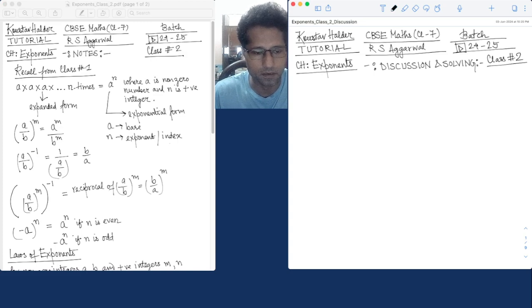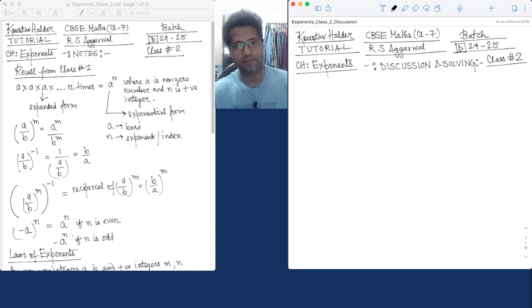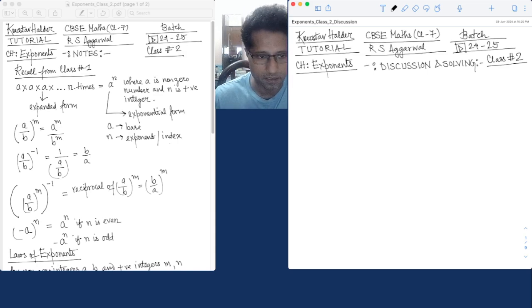The exponential form of a rational number is a by b raised to the power m. That is the exponential form of a rational number, and its reciprocal is b by a raised to the power m.